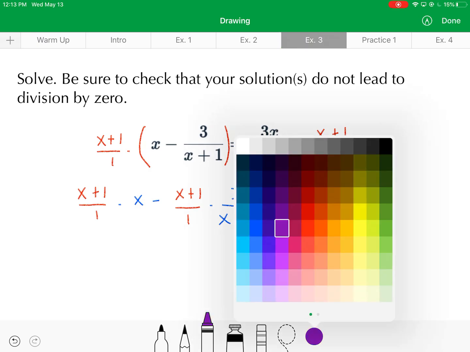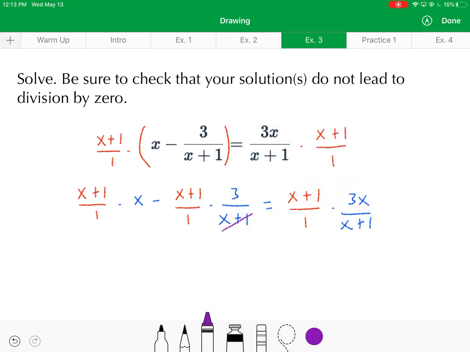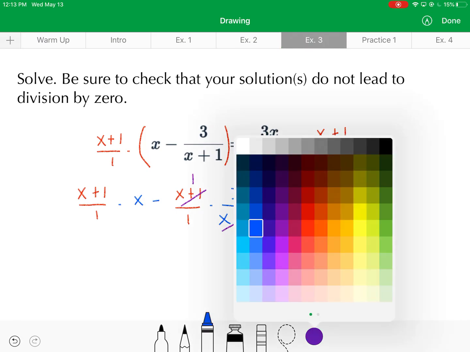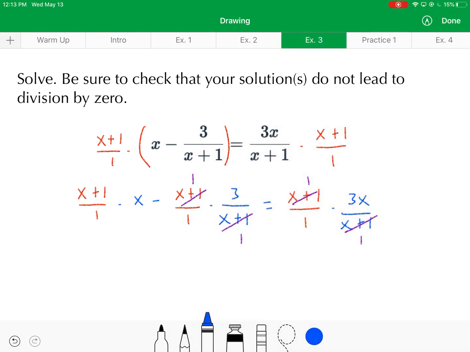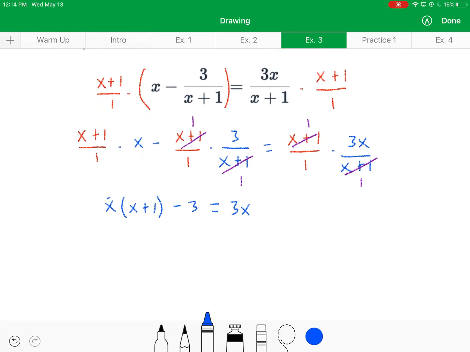All right, now reduce what you can before you start multiplying. These reduce to 1s. These reduce to 1s. So what I'm left with is x plus 1 times x, which I'm actually going to write as x multiplied by x plus 1, minus 3 equals 3x. Now I will distribute here.